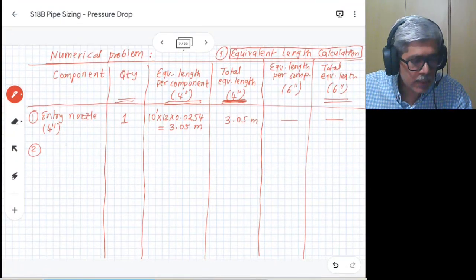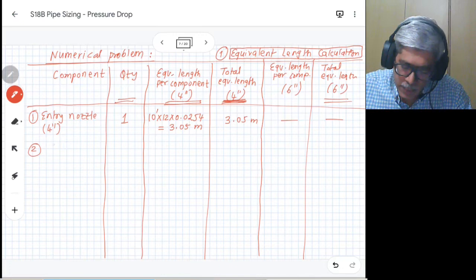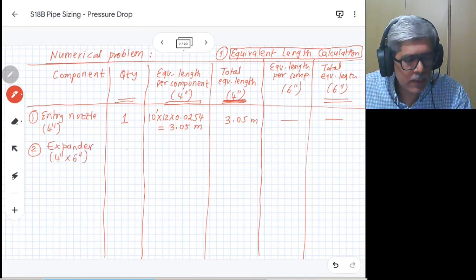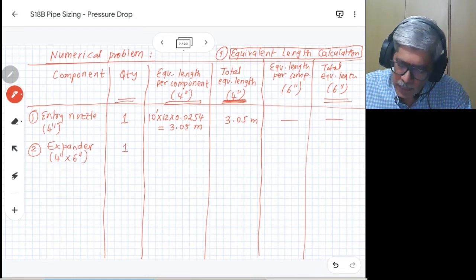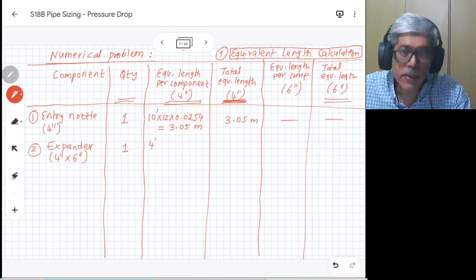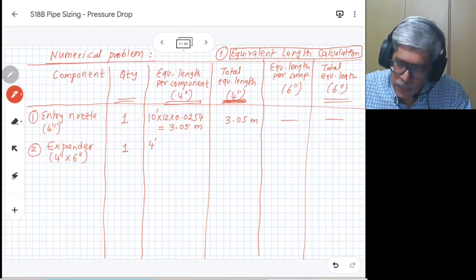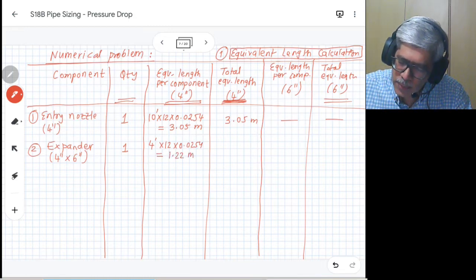The next is the expander from 4-inch to 6-inch, the quantity is 1, and the equivalent length we saw in the previous table was 4 feet. So 4 feet converted into meters will give us 1.22 meters. So this is again 1.22 meters.